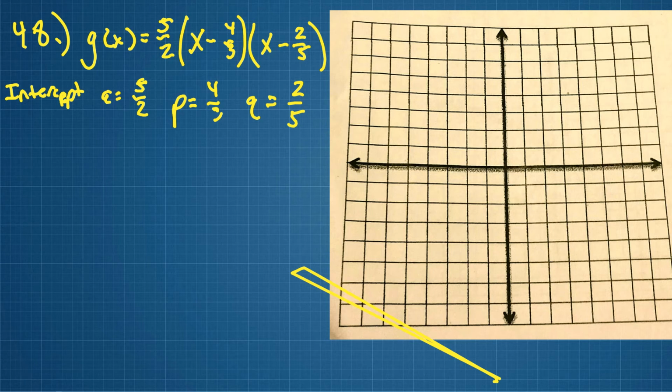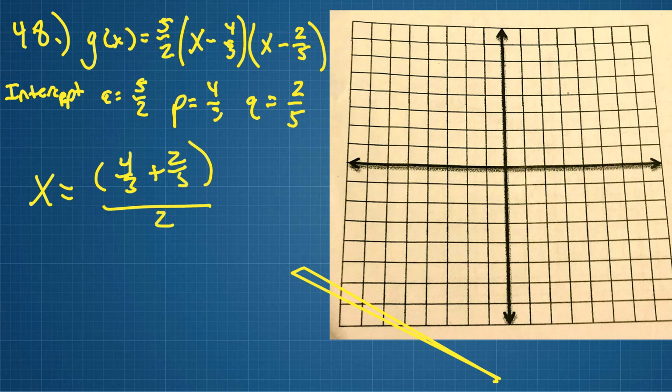Now I have to find the x value of the vertex, so I say x equals P plus Q, so I have 4/3 plus 2/5 all over 2. 4/3 plus 2/5 is 26/15, and I divide that by 2 or multiply by 1/2, and I get 13/15. Alright? So I have my XY chart.